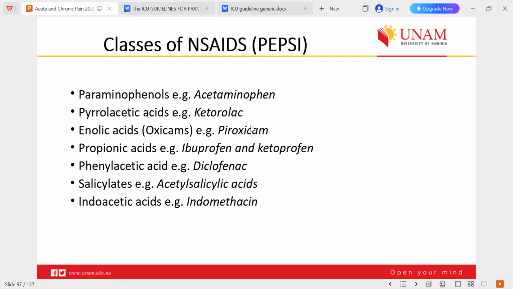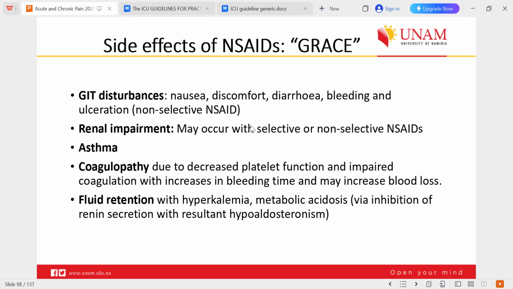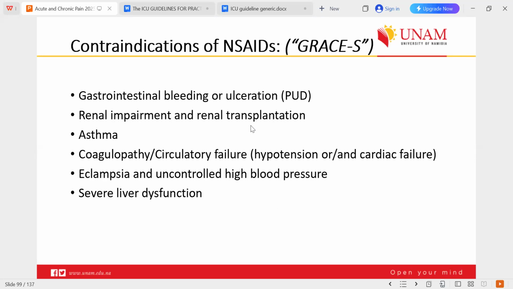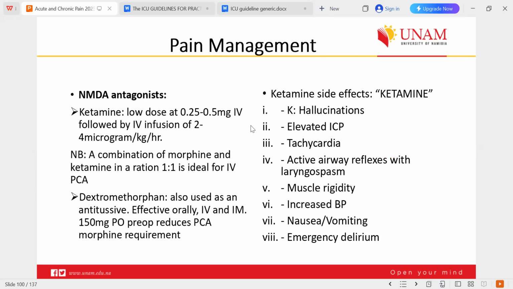We have the newer ones, which are more COX-2 inhibitors because they have better GI and renal effects. They are COX-2 specific. So we have different side effects of NSAIDs. Let me just leave this because of time.